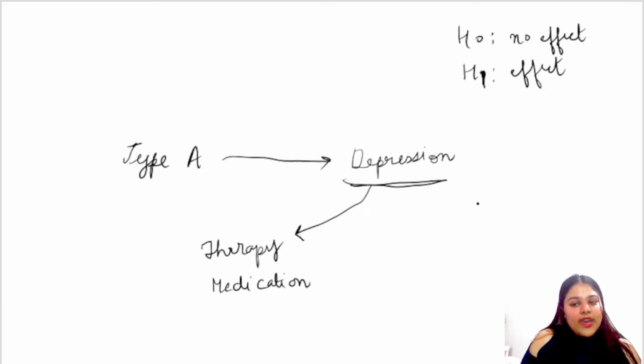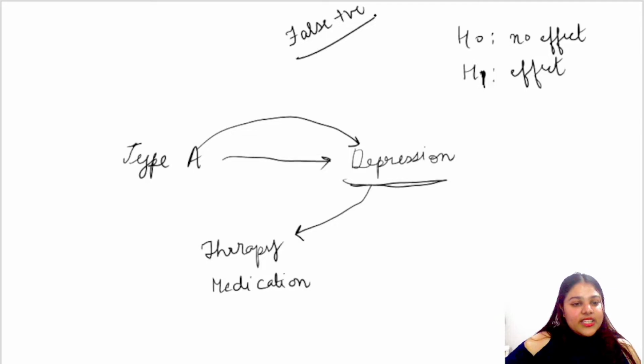Right. So herein maybe my study will showcase that there is an effect on depression, which means there was a false positive shown. In reality there was no effect of this particular medicine on the depressive episode of my sample, but still I have taken it that yes, there was an effect.